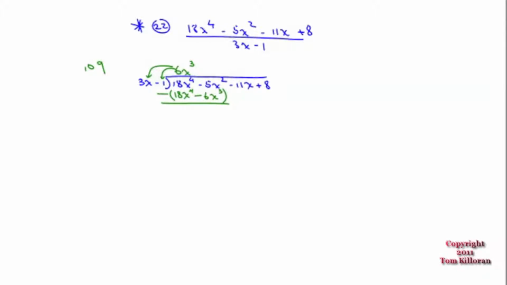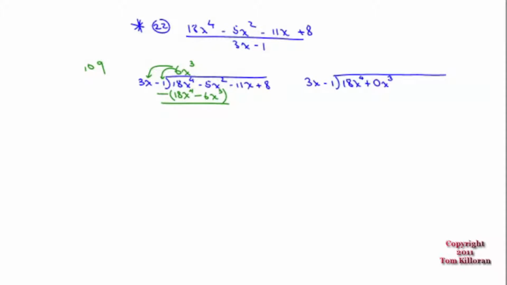I have to actually write it a little longer. So we start over again and we say 3x minus 1 is going to go into 18x to the 4th. Might as well just do plus 0 x cubed. That way it doesn't affect anything because 0 times x cubed is?